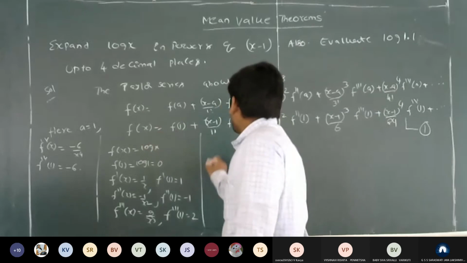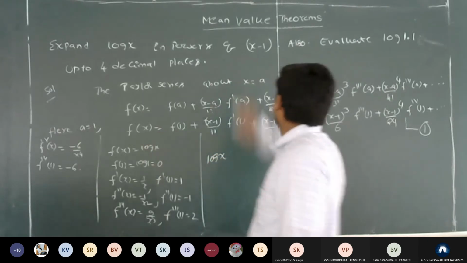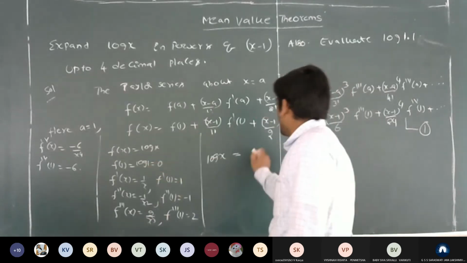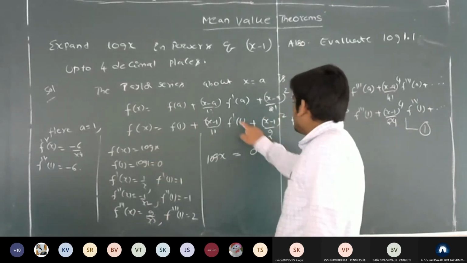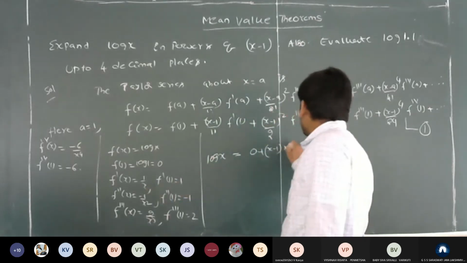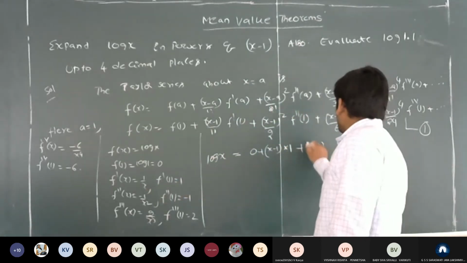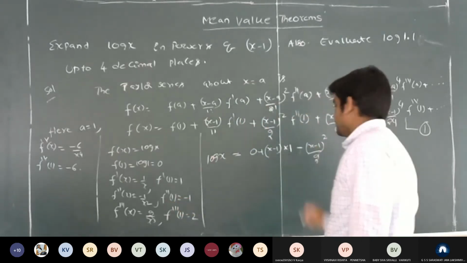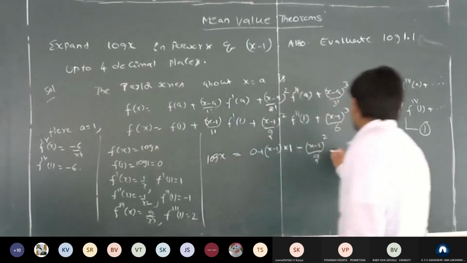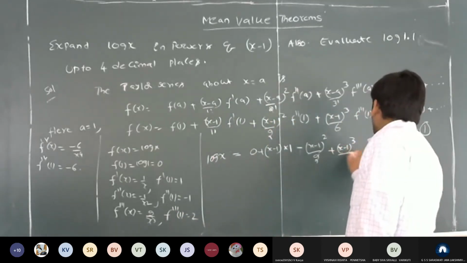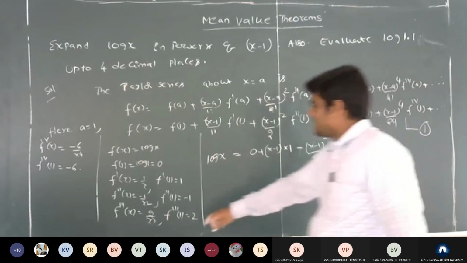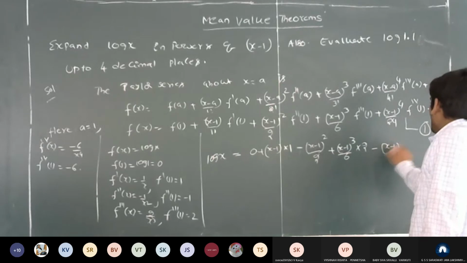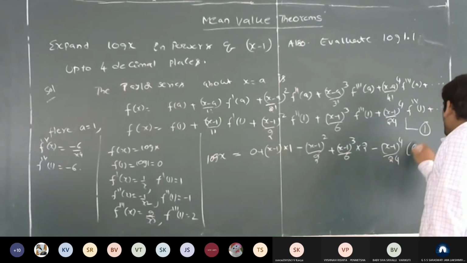So f of x is log x, and that is equal to f of 1, that is 0, plus x minus 1 times f dash of 1, which is 1, plus x minus 1 whole square by 2 times f double dash of 1, which is minus 1, plus x minus 1 whole cube by 6 times f triple dash of 1, which is 2, plus x minus 1 whole power 4 by 24 times f fourth dash of 1, which is minus 6.